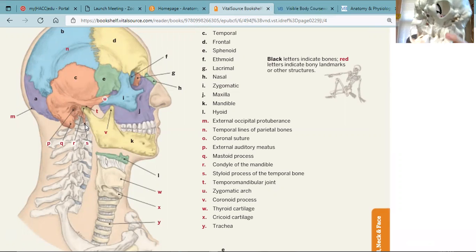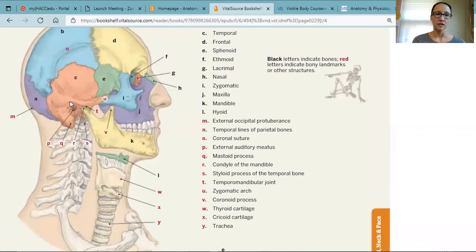They're pretty pointy. You can see in any view, like there. They are rather sharp, but they do act as a muscle attachment site, which we'll talk about when we get to the muscles. Okay. So you have quite a few landmarks just on the temporal bone.